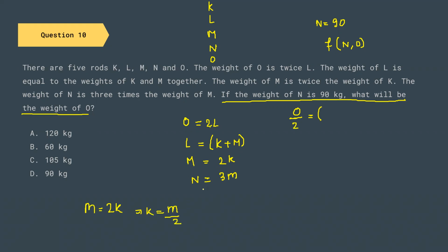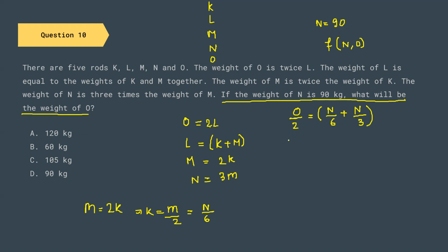And what do we know? We know that M is equal to N by 3. So K is N by 6. So instead of writing K here, I'm going to write N by 6, plus M is N by 3. Fine, so this is our value.